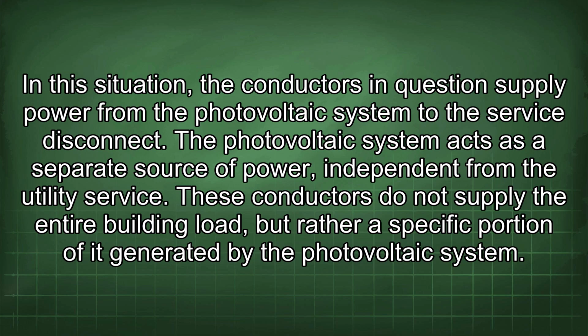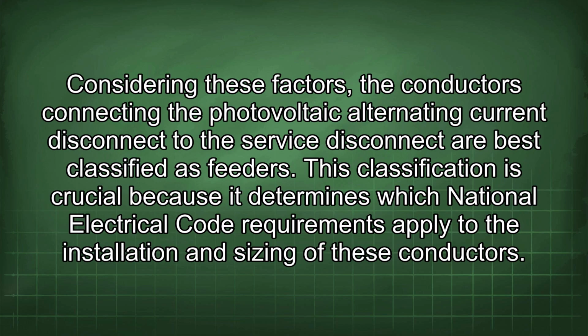The photovoltaic system acts as a separate source of power independent from the utility service. These conductors do not supply the entire building load, but rather a specific portion of it generated by the photovoltaic system. Considering these factors, the conductors connecting the photovoltaic alternating current disconnect to the service disconnect are best classified as feeders. This classification is crucial because it determines which National Electrical Code requirements apply to the installation and sizing of these conductors.